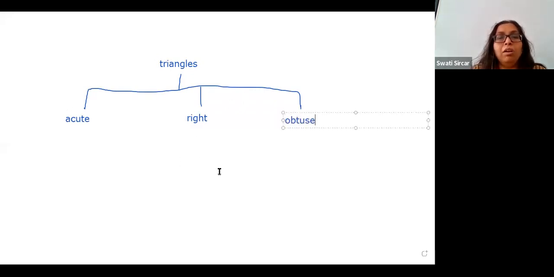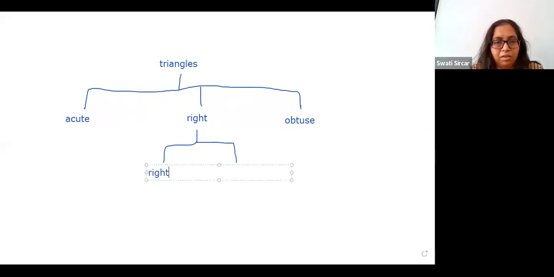Now when we discussed the right triangles, we found two kinds: right isosceles and right scalene.